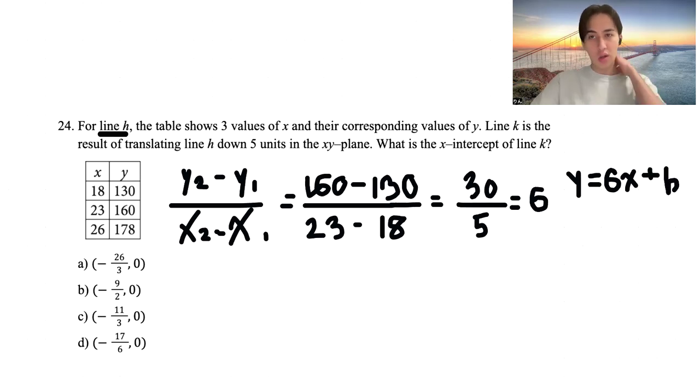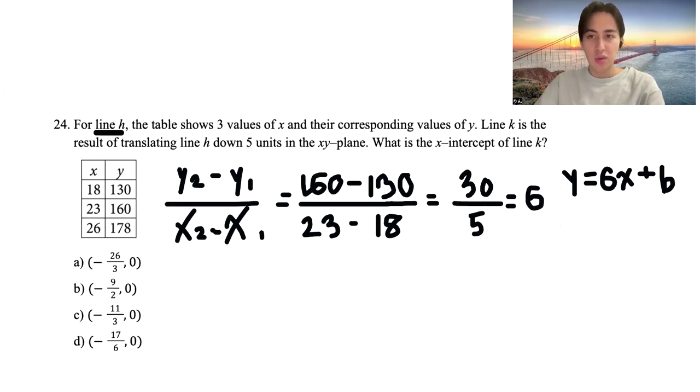You know the y equals mx plus b formula, right? We replace the m, which represents the slope, with 6. Now we have to find b, which is the y-intercept value. We can do that by plugging in any of the three xy values into the equation. Let's do 18 comma 130.